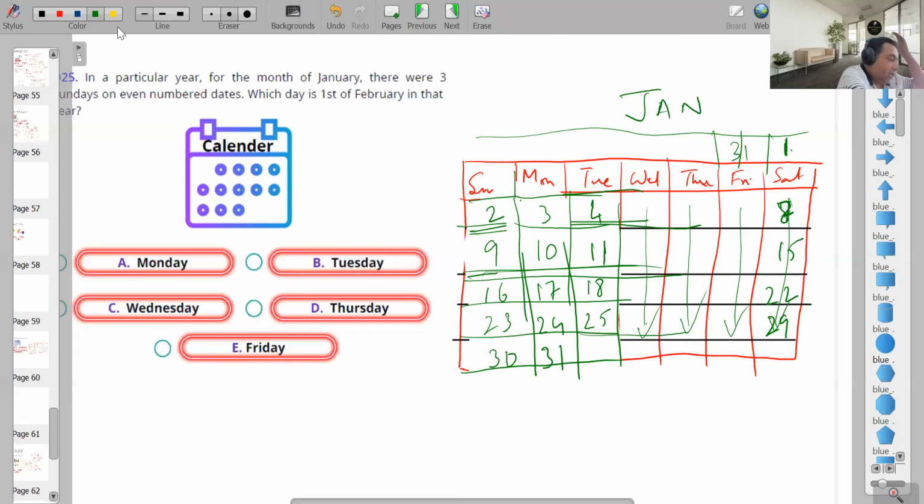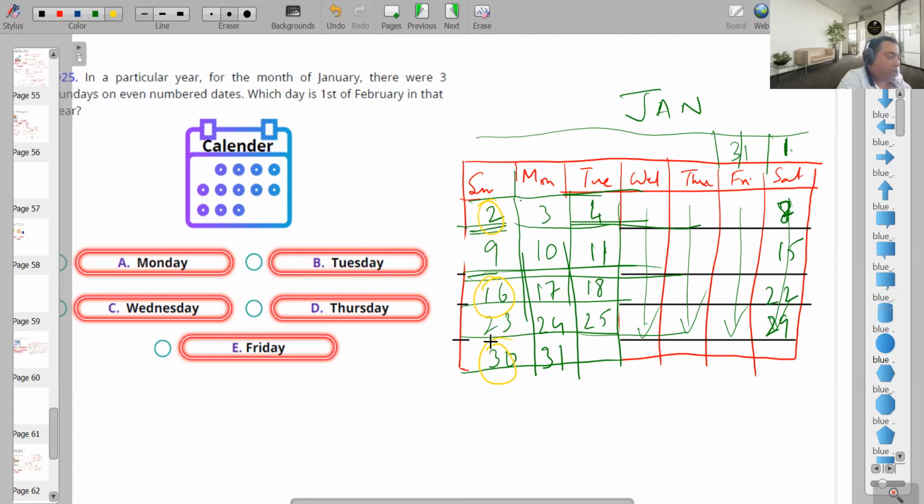So we see here that there are three even numbers, 2, 16, and 30. All the days which get 4 dates will always have two evens and 2 odds. Only the first, second, and third can have 5 dates, and 3 of them can be odd or even, and the other will have 2 odd or even.